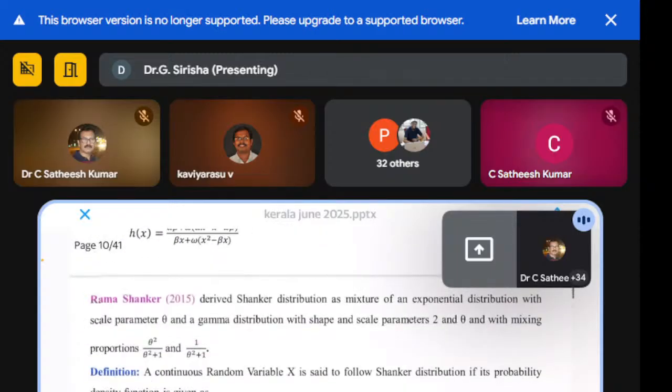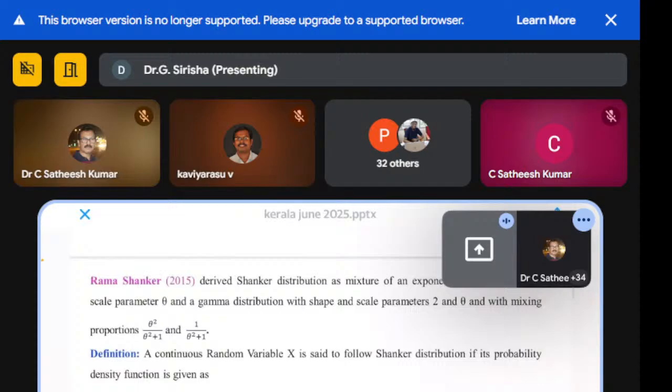The next distribution is derived by Ramashankar in 2015. Here they have considered a mixture of exponential distribution with parameter theta and gamma with shape parameter 2, scale parameter theta, but with different mixing proportions: theta square by theta square plus 1 and 1 by theta square plus 1. This distribution was also a similar convex combination, but the proportions were different.